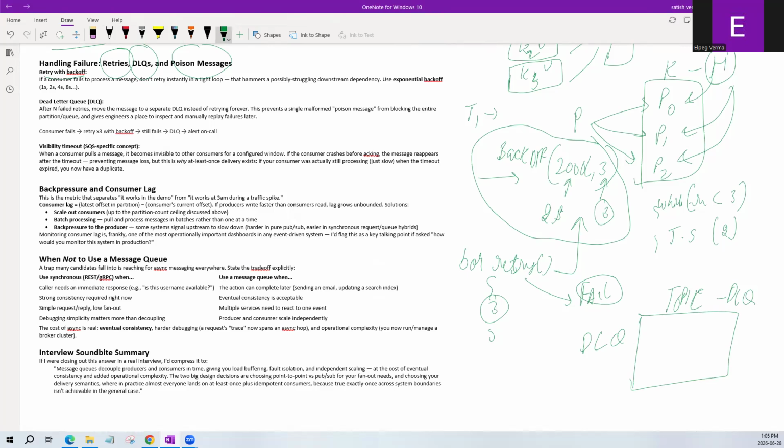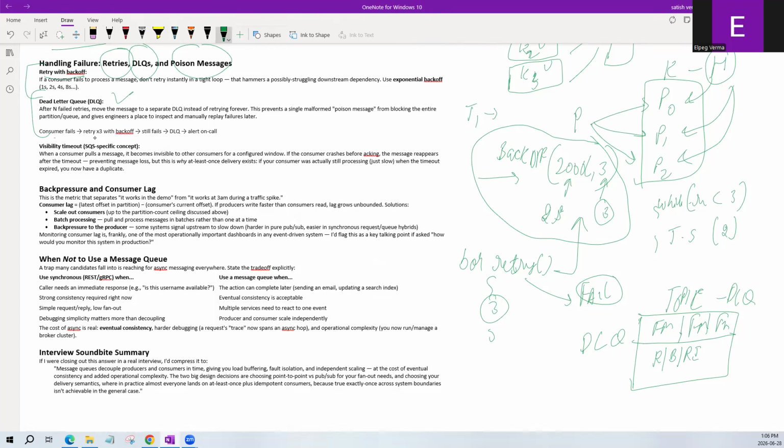Then I will store this failed message in my DLQ, whatever the failed message will be, to reprocess after some time, or for backup purposes, or I will reiterate later on, right? So dead letter queue: we store our failed messages in the dead letter queue.